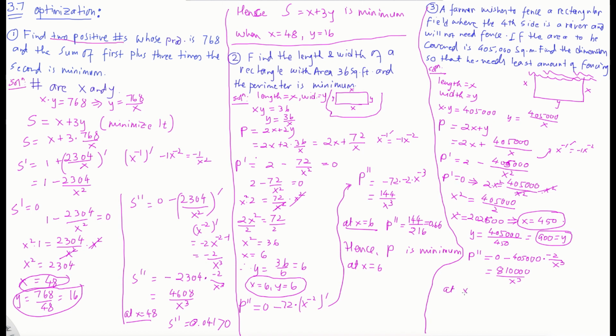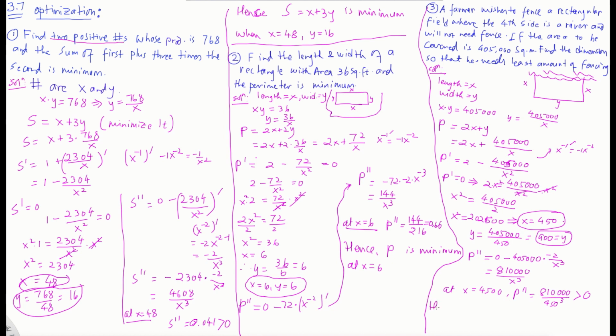So at x equals 450, P double prime will be 810,000 divided by 450 to the third, which will give you a positive number, right? I don't know how much that is, and you don't need to know that too. So this is positive. That's the only sign we are interested in.